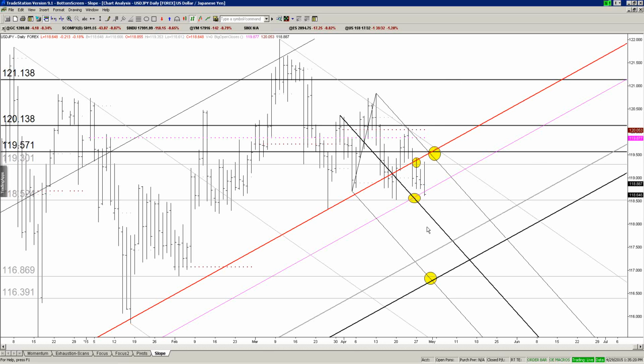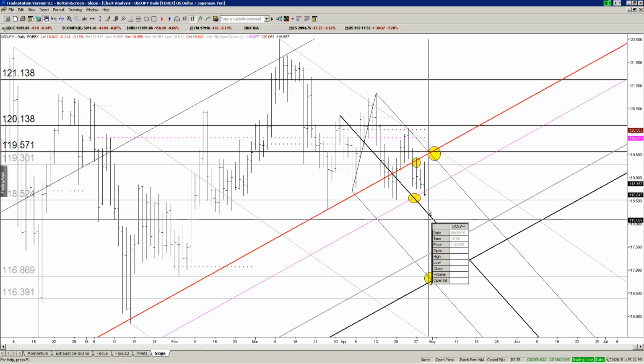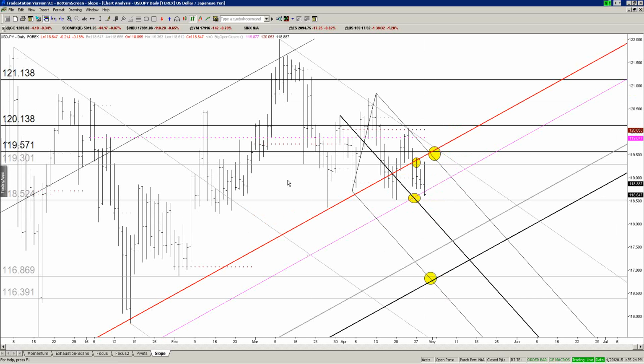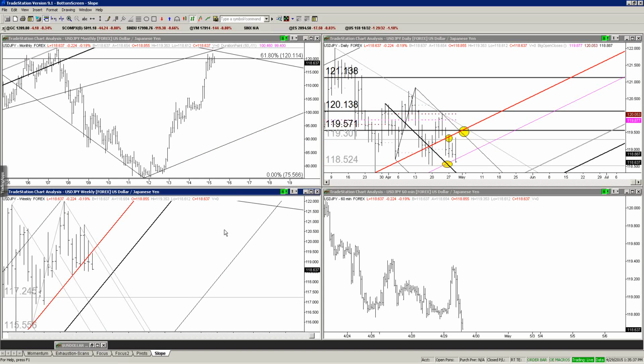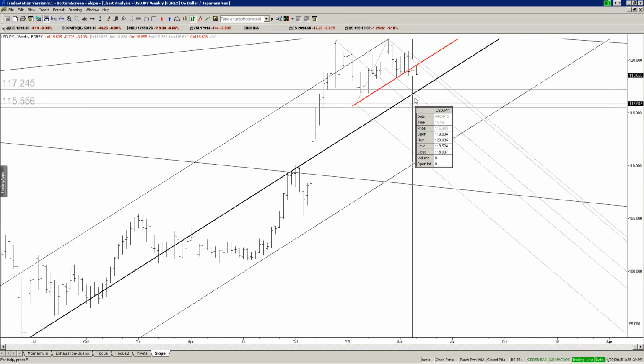Also, watch dollar yen down here. It could be set up for its own. If we do end up breaking, for example, on slope stuff here, we do have support down here, and you can see it best on the weekly, okay? But we do have support down here, right?